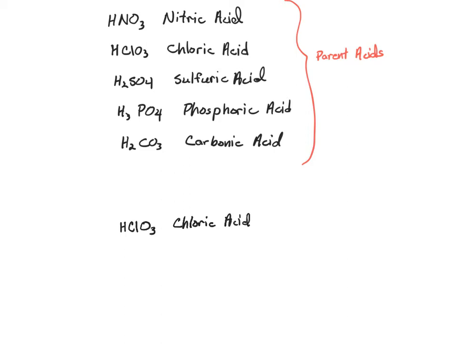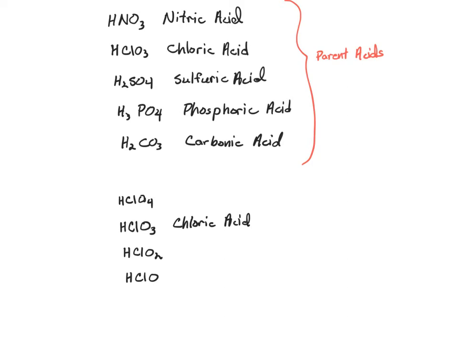But there's also a compound similar to this that has one additional oxygen, HClO4. And then there's one that has one less oxygen, HClO2. And then there's a version that has just one oxygen, which is HClO.